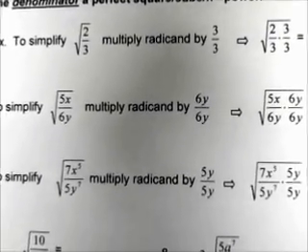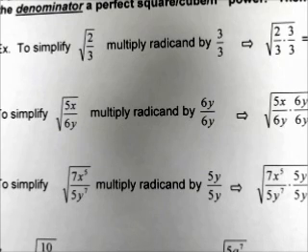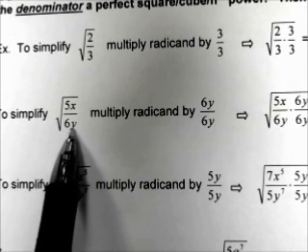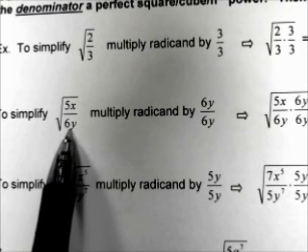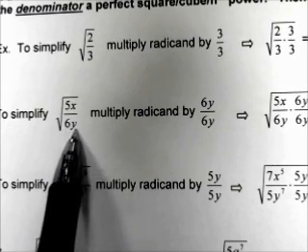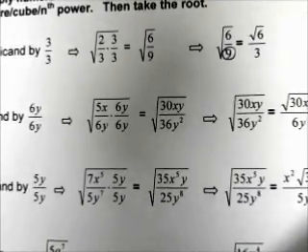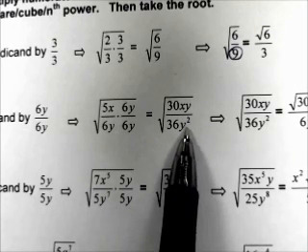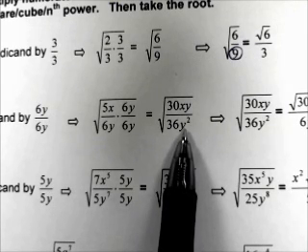To simplify, the square root of 5x over 6y. Again, the focus is on the denominator. We have to bring this up to something that we can take the square root of. So if we multiply it by itself, 6y, then we'll end up with 36y squared for the denominator, which we can take the square root of and simplify.